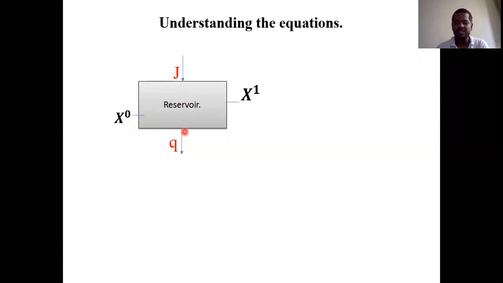Simply input minus output, that means J minus Q. So finally, X dash is X naught plus J minus Q. X naught is already stored in the reservoir, J is the input to the reservoir, meaning how much water is incoming, and Q is how much water is discharging from the reservoir, that means output. So finally, we can write this equation, and from this we can write the water availability constraint.